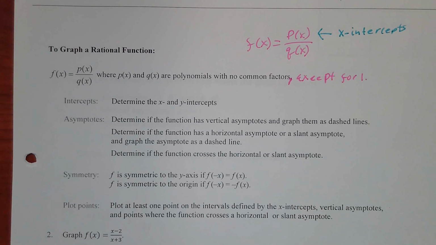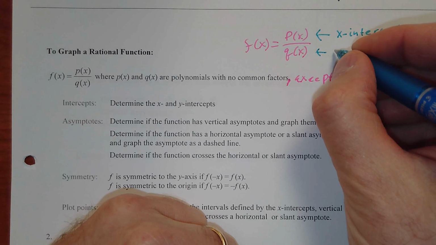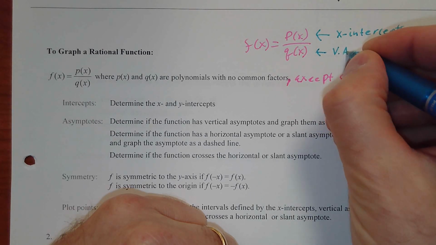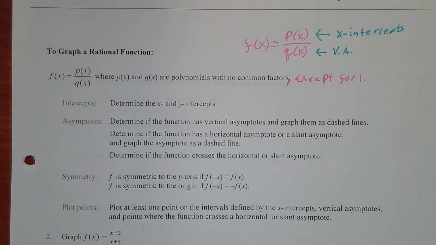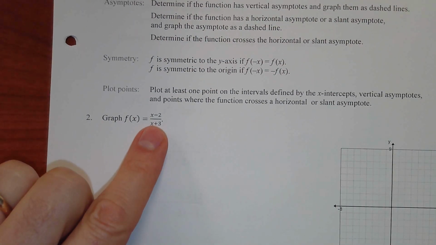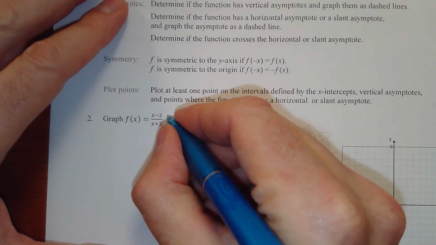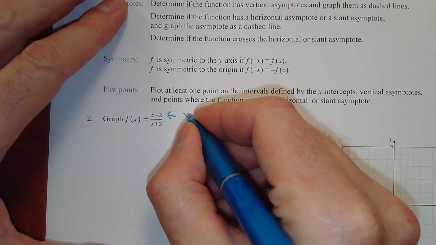If you have a factor of x minus 2 in the numerator, then 2 comma 0 would be, flipping the signs there, an x-intercept. And you're going to be getting your vertical asymptotes from the bottom. So keep that in mind as we're going through this. So if I'm looking at this here, my x-intercepts are going to come from the numerator.